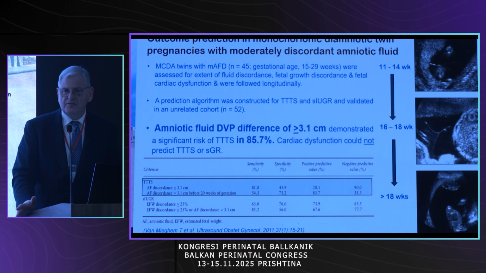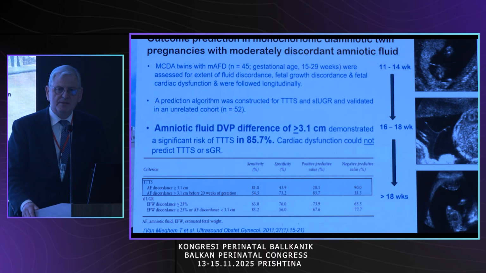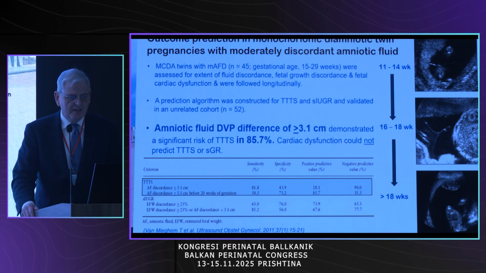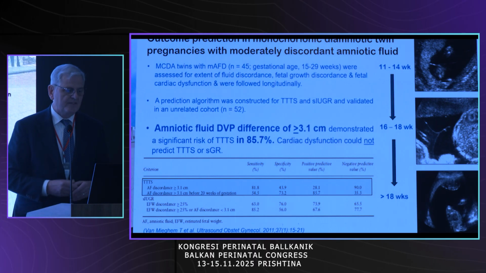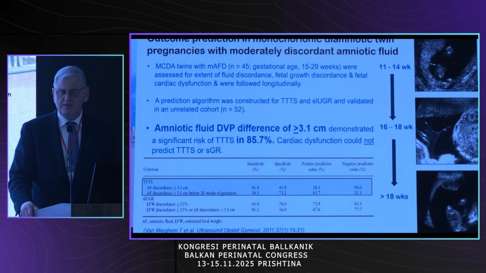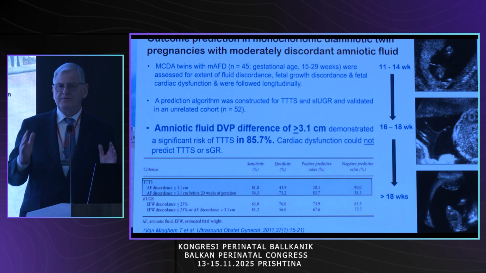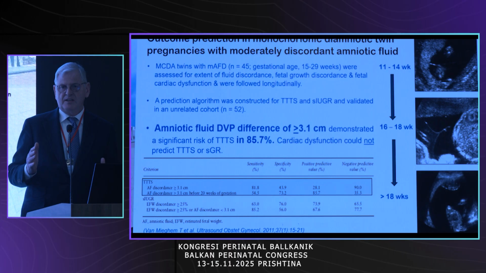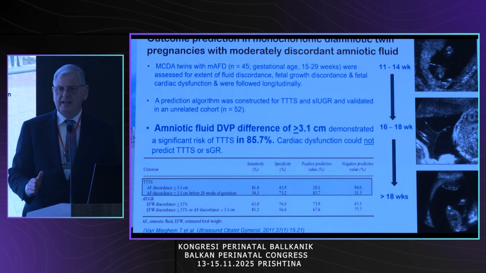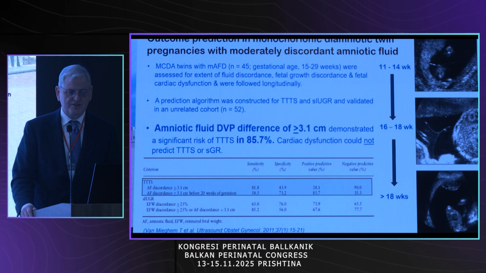Indeed, data from Leuven, from Tim Van Mieghem and Jan Deprest, indicated in a prospective study and then using a prediction algorithm that it was the amniotic fluid deepest vertical pocket difference between the amniotic sacs of the two twins that is most sensitive and specific for predicting the diagnosis of twin-to-twin transfusion syndrome.